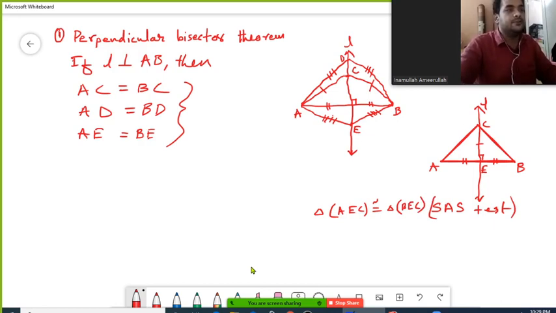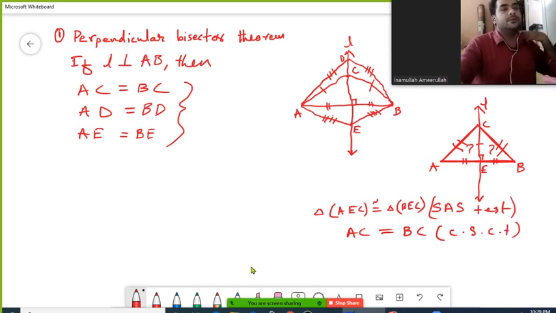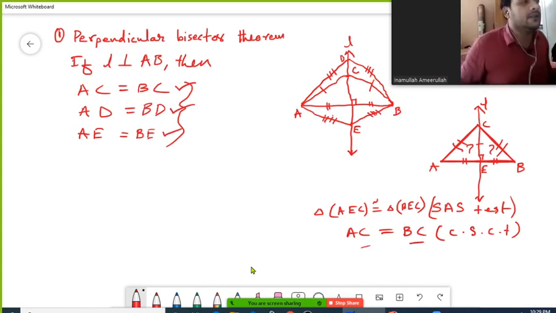If these two triangles are congruent, then you can say AC is equal with BC, because corresponding sides of congruent triangles are equal. So this way you can prove AC equal with BC, and in the same manner you can prove these three are congruent by taking different triangles made in the figure.